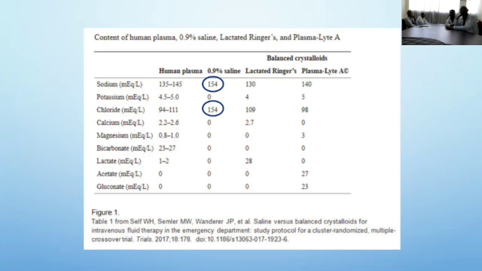We know that it's just sodium and chloride in the normal saline, and here's the milliequivalents of that. They're both so high. This is a very acidic fluid. The pH of normal saline is 5.4 to 5.6, and there's so much chloride in it. So what you do for people when you give them normal saline is you give them a metabolic acidosis.